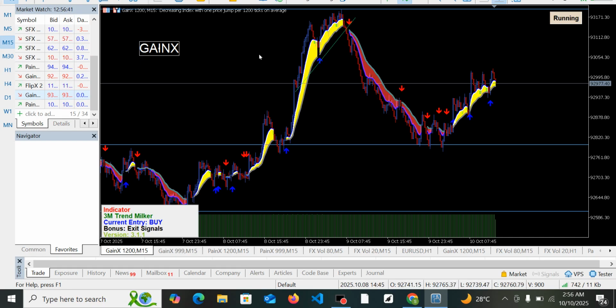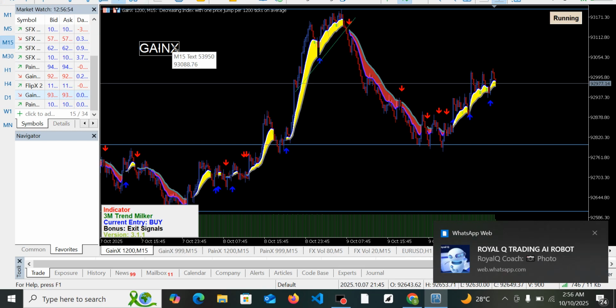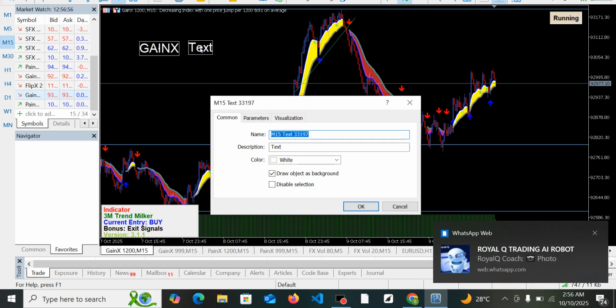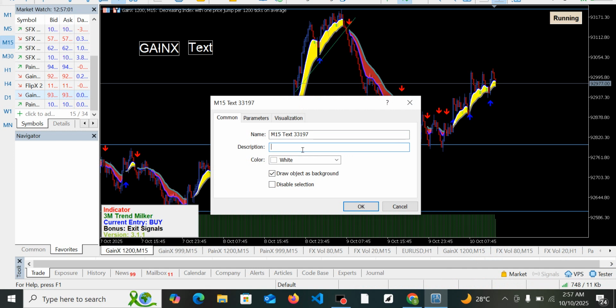For the GainX, let's take it one after the other. For the GainX, you will be able to trade the spikes when the market is on uptrend. And of course you also need to focus on the support zones.